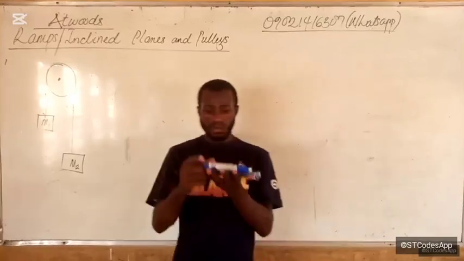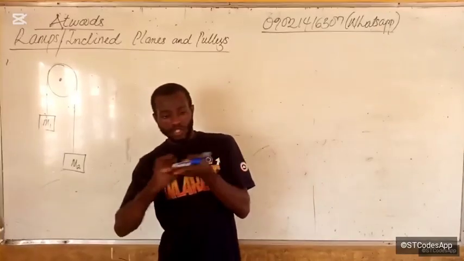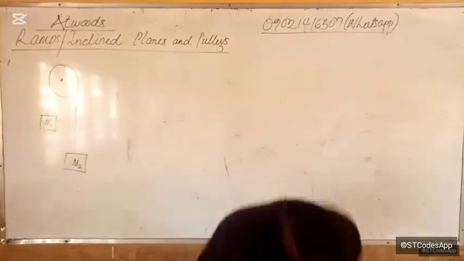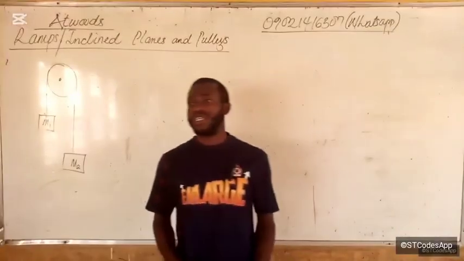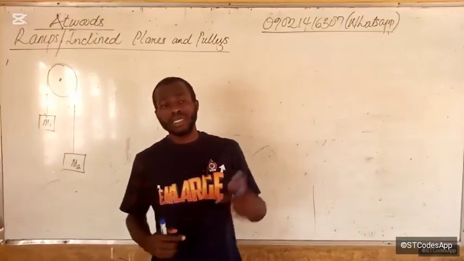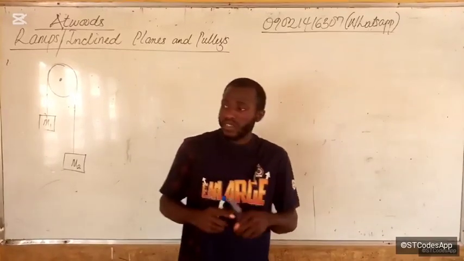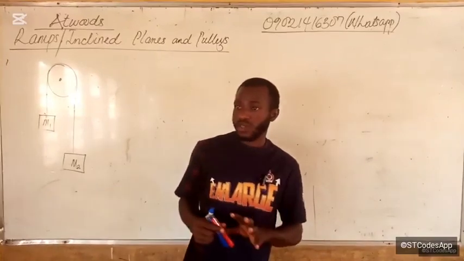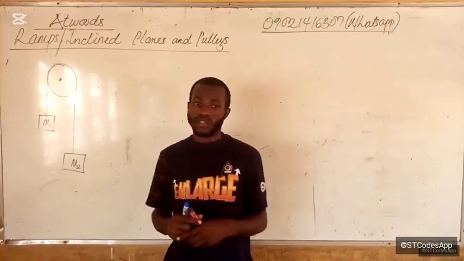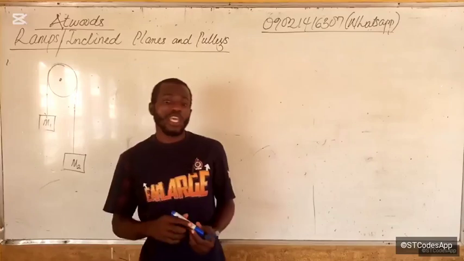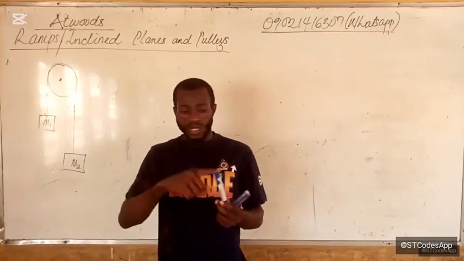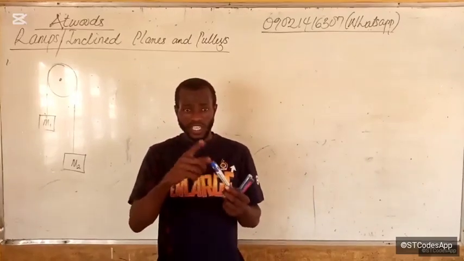For example, look at this marker in my hand. If I punch it now, it's going to move, it's going to accelerate because there is no force countering the direction of my force. Remember, the third law says that to every action there is an equal but opposite reaction. But there is no equal opposite reaction that this marker is experiencing.